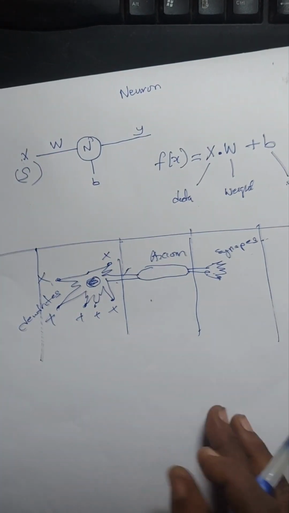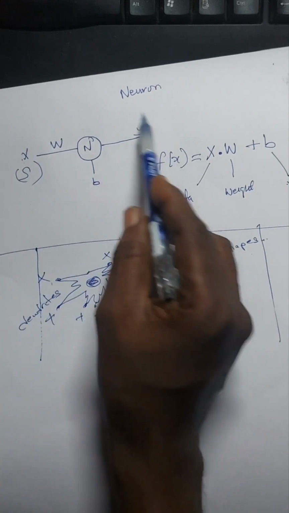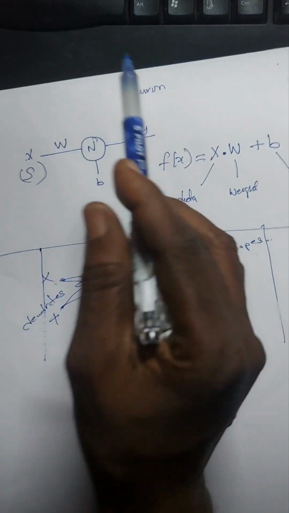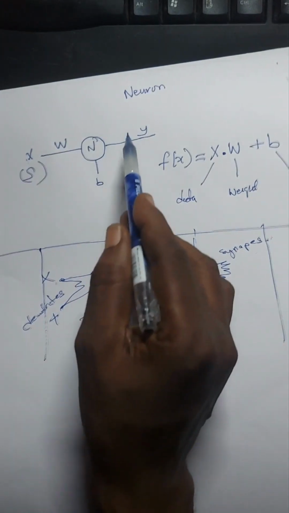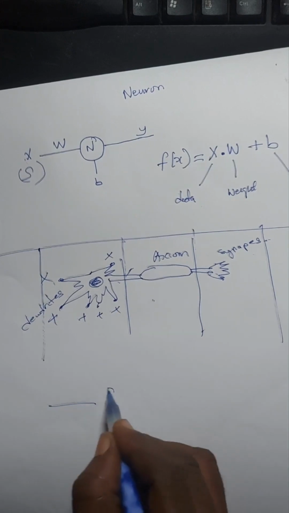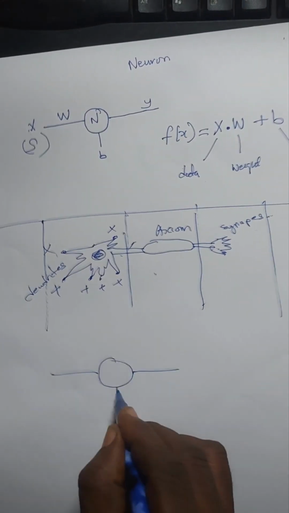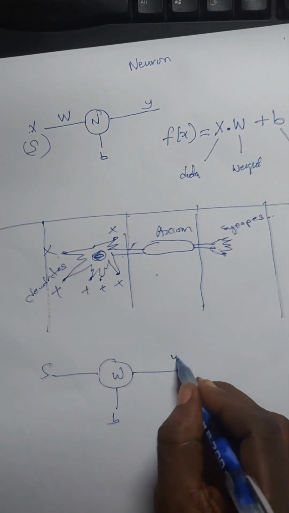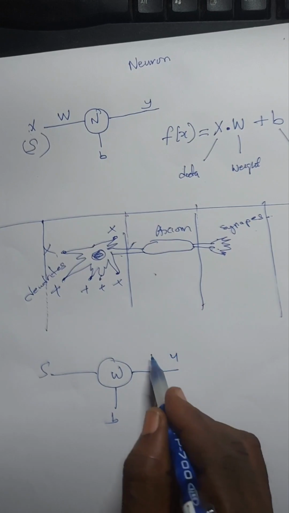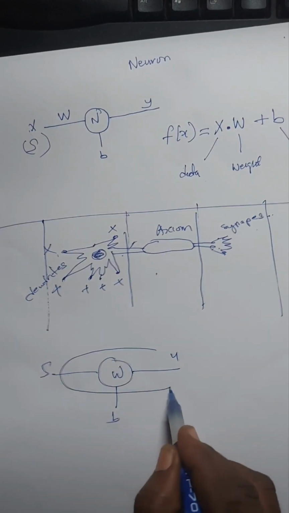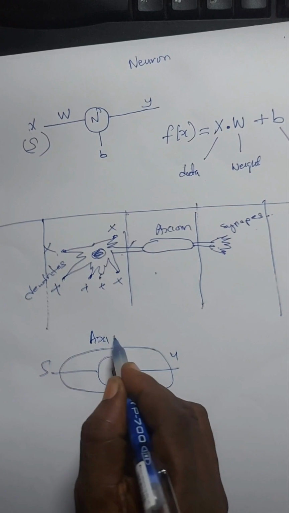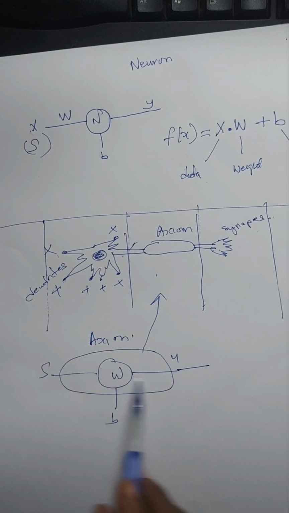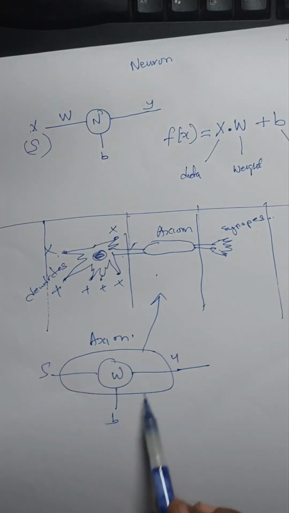So what we do is that our diagram here is no longer a complete circuit or a complete node for a perceptron. This diagram that we have here with the signal X is no longer a perceptron, but this whole thing has become an axon. This is our axon. This section is the axon instead of a perceptron.